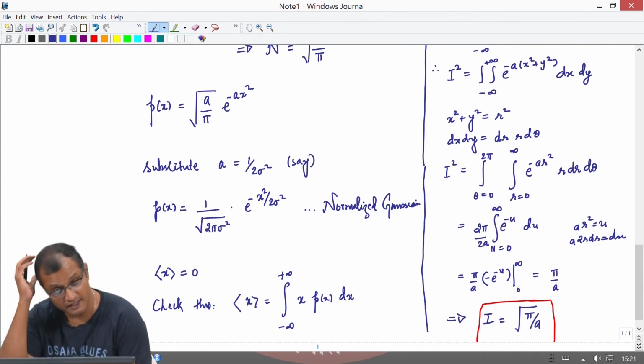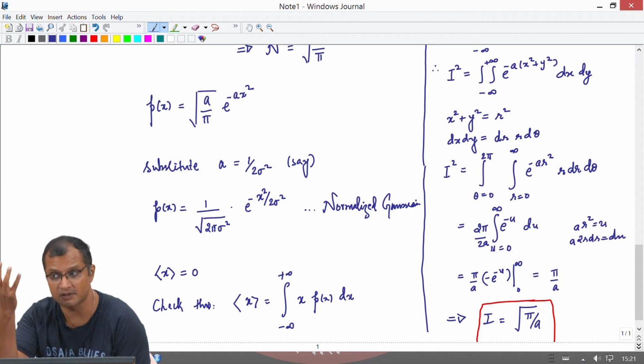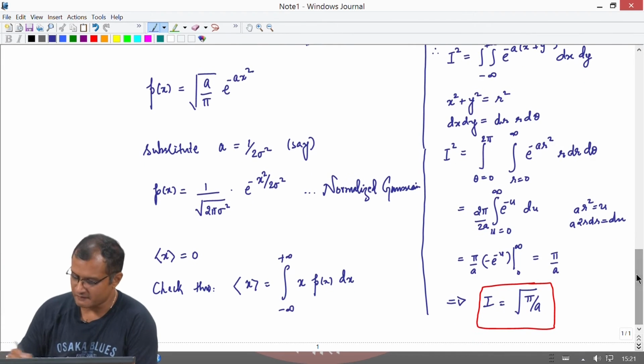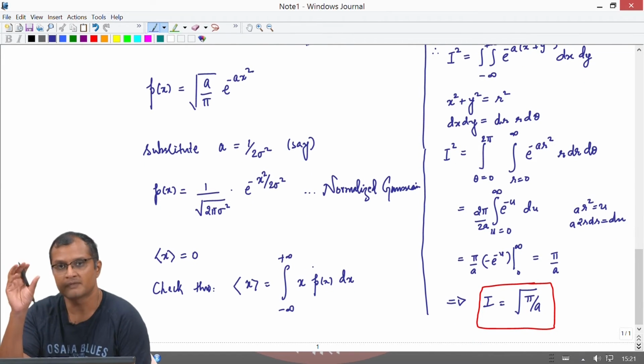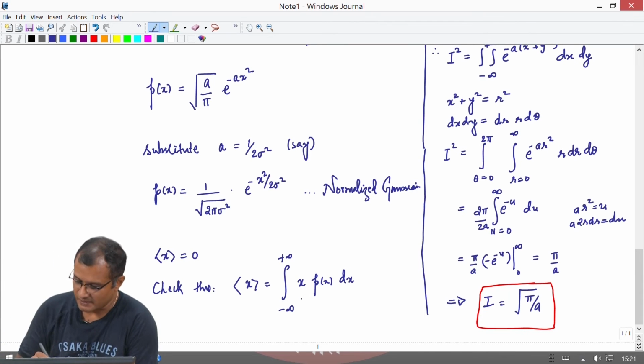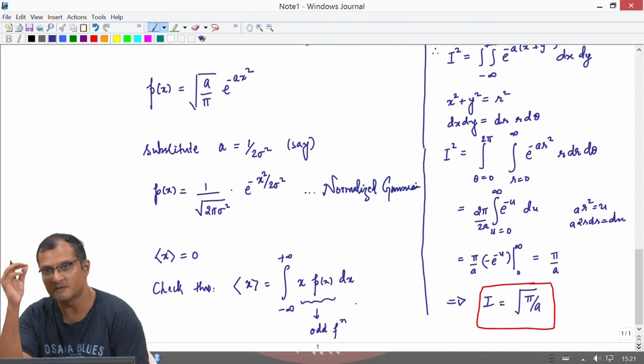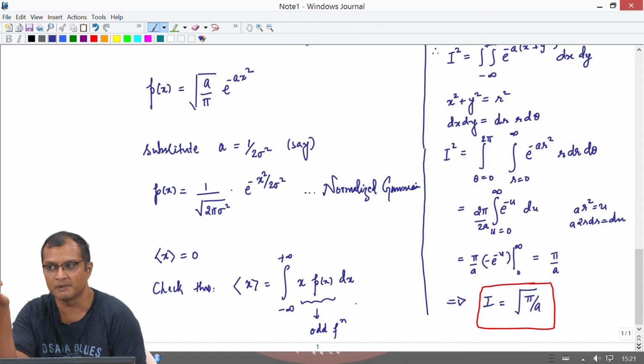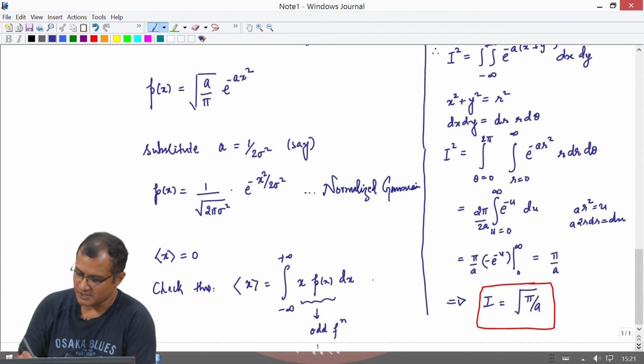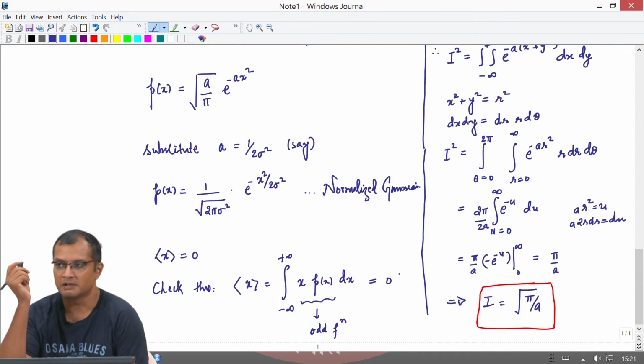Now, I can see that p of x is a Gaussian distribution which is an even function. Now, if an even function is multiplied by an odd function, which is x, it becomes an odd function itself. So, x times p of x becomes an odd function, and hence the integral of this odd function in the symmetric interval minus infinity to plus infinity is 0. So, it is not surprising to me that the average value of x is 0.